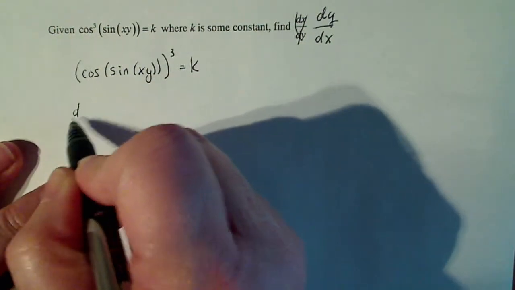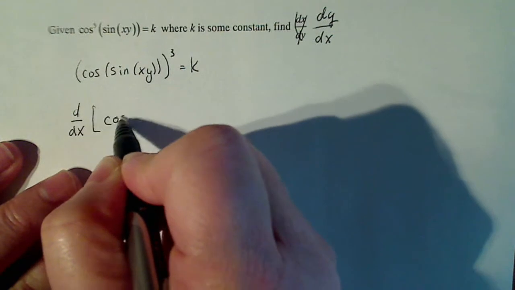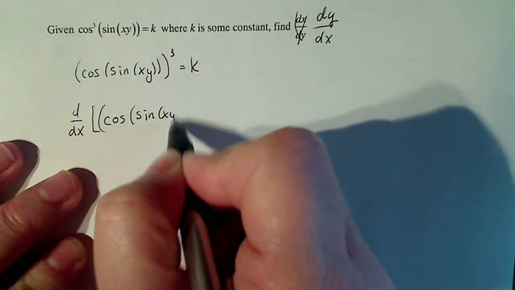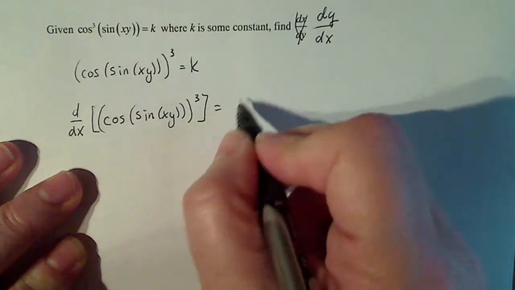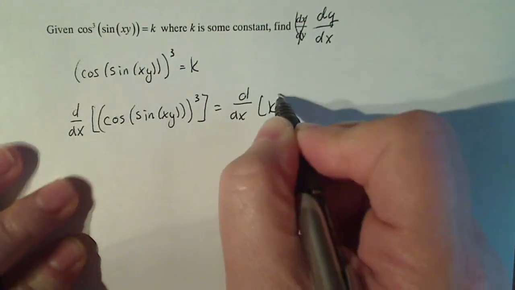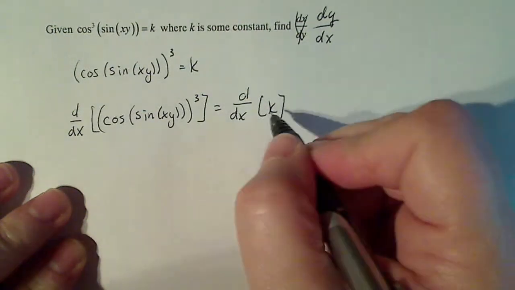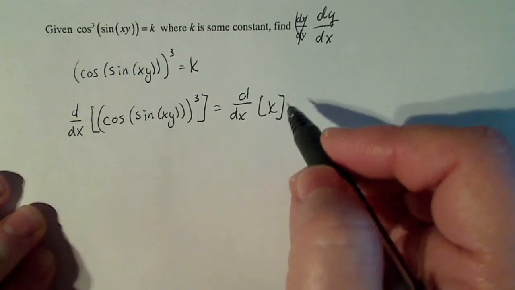So I have to take the derivative with respect to x of both sides. Cosine sine of xy to the third equals the derivative with respect to x of k. On the right side, again, is pretty straightforward. If k is a constant, that derivative will be 0. But since this derivative is so long, I'll add the 0 later.